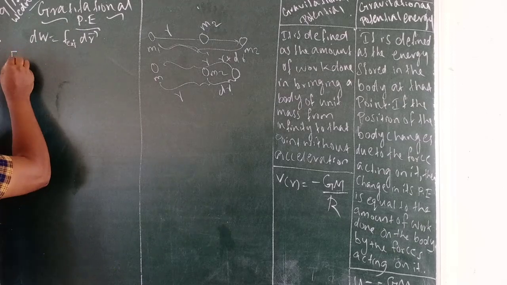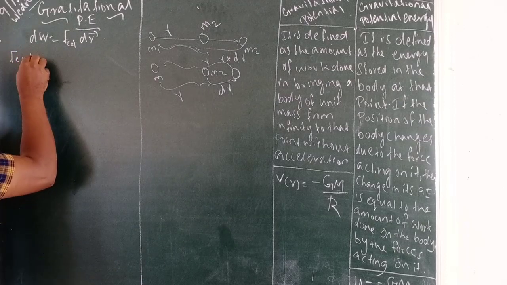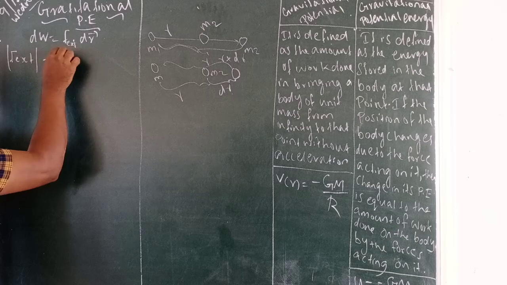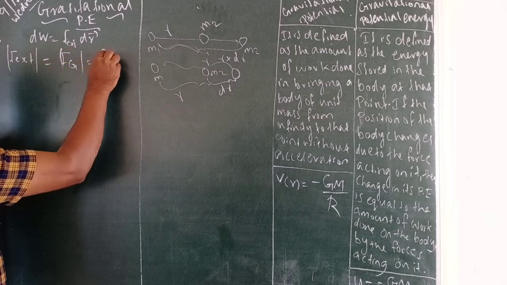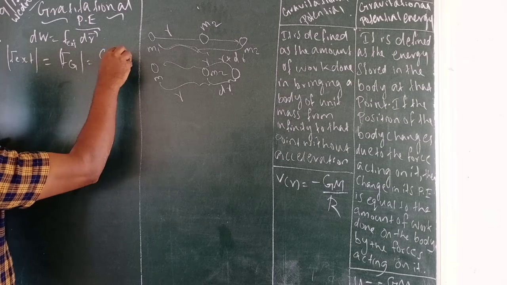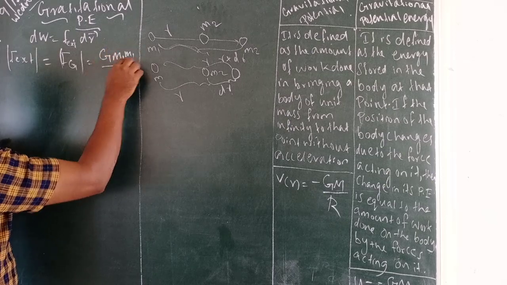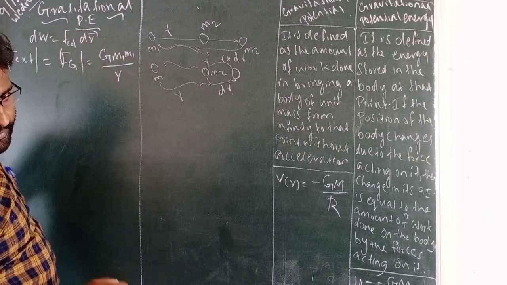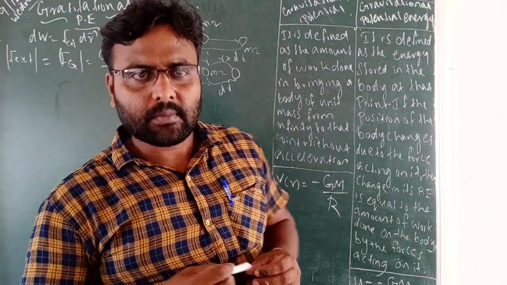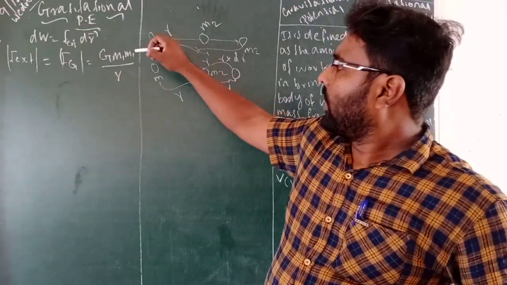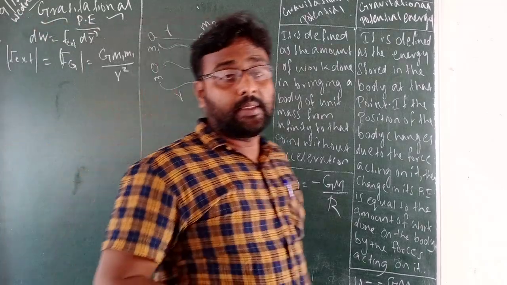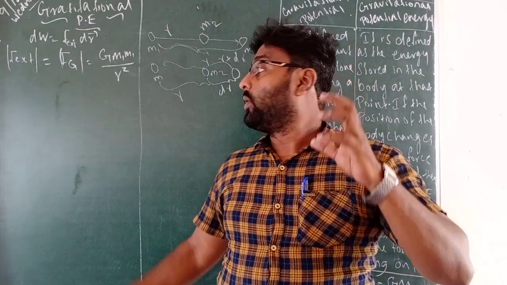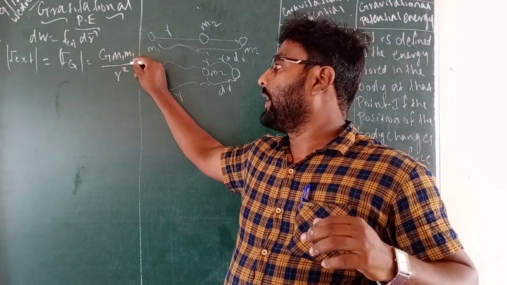Now, what is this external force? This external force is equal to the gravitational force, which is equal to G M1 M2 by R square. This is the gravitational force equation you have already learned.